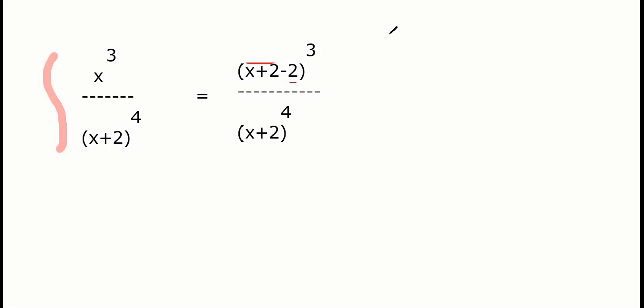So now this becomes (x plus 2) cube, a cube, minus b cube, minus 3a square b, 3 into a into this, so 6 a square, x plus 2 square.